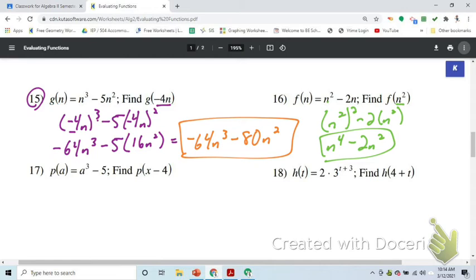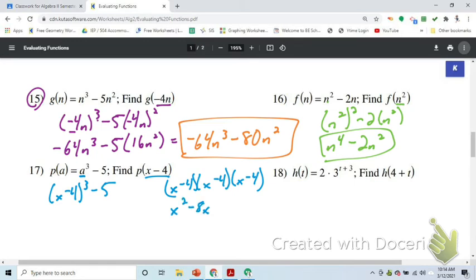Then, here we go. This is a kind of gross one here, but plugging in x minus 4 everywhere we see an a, so it's going to be x minus 4 to the third power, minus 5, which means we have to multiply that all the way out. So this will be x minus 4 times x minus 4 times x minus 4. So it would be x squared minus 8x plus 16. That's what you get when you multiply those two together.